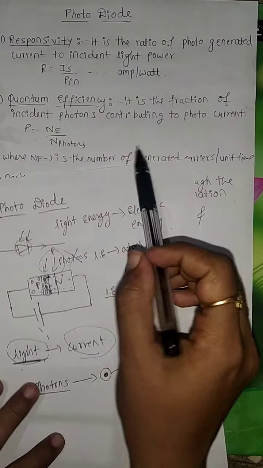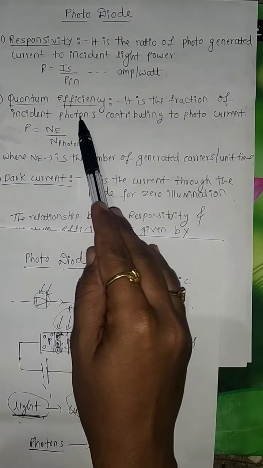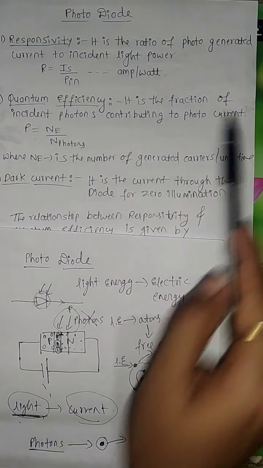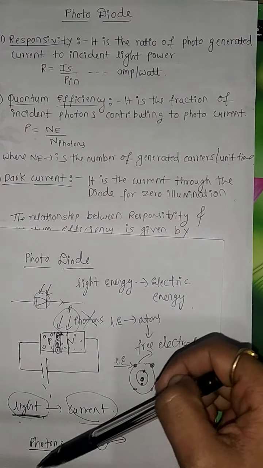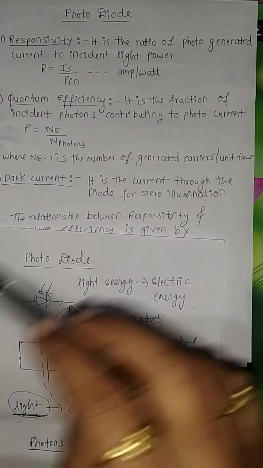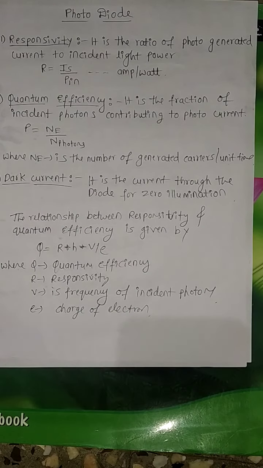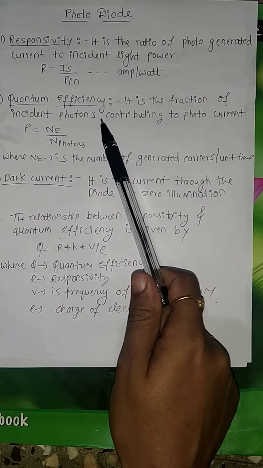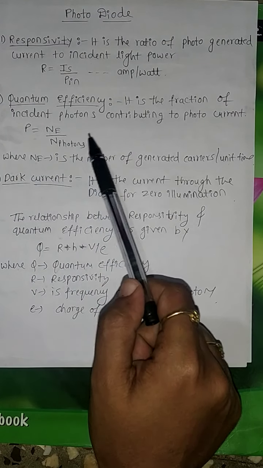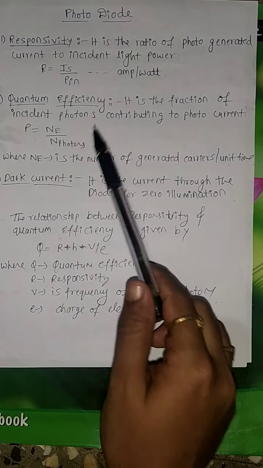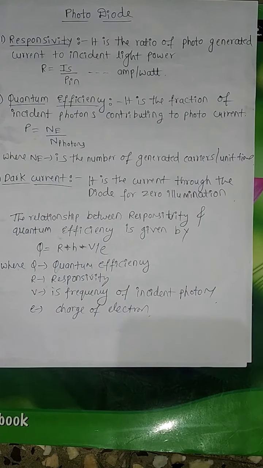That is the fraction of incident photons contributing to photocurrent. Out of your incident photons, how much current is generated? That is called quantum efficiency, which is given by eta is equal to Ne divided by n photons, where Ne is the number of generated carriers per unit time.